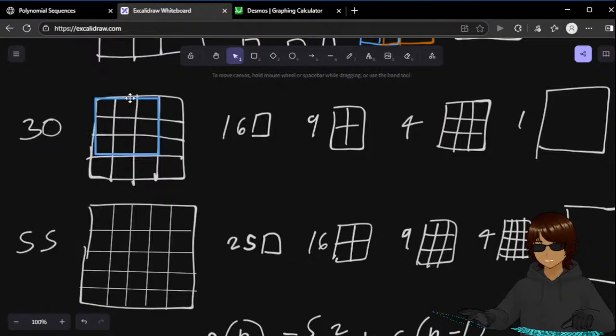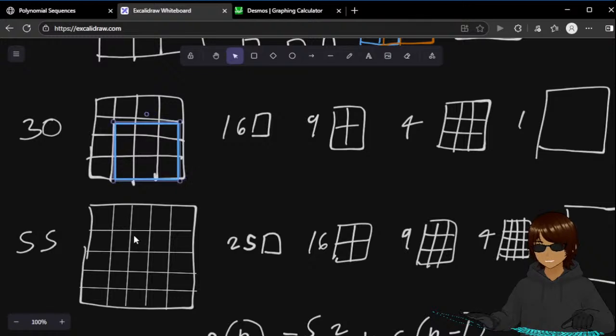So there are 4 ways to count 3 by 3. So 1, 2, 3, 4. For a 5 by 5 board, there are 4 ways to count 4 by 4 squares. So 1, 2, 3, 4.